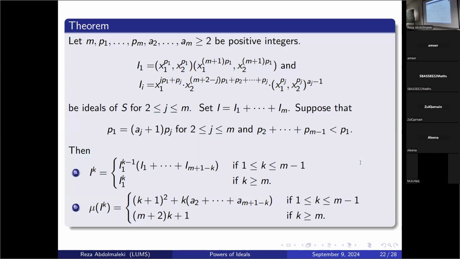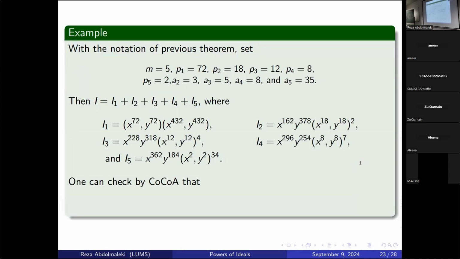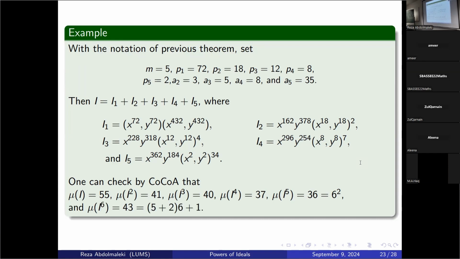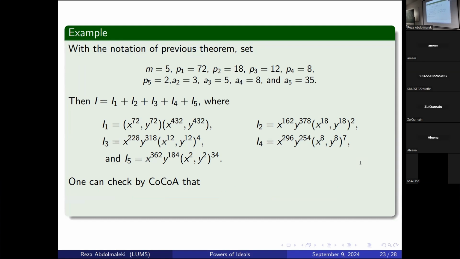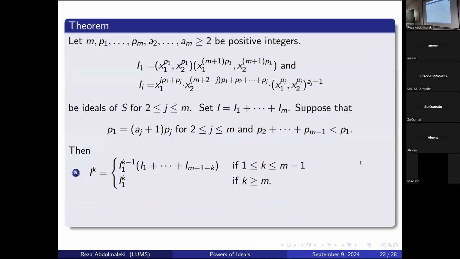If you check it, you see that it's decreasing until this point, power 5, and in power 5 it is just 5 plus 1 squared. And from this point on, it is linear. Exactly what we have here.